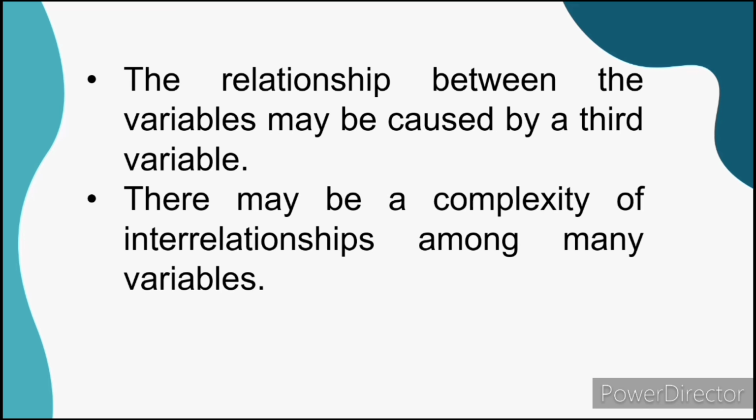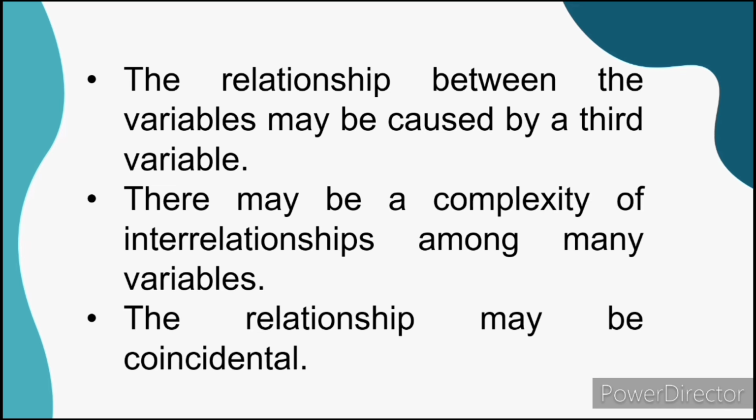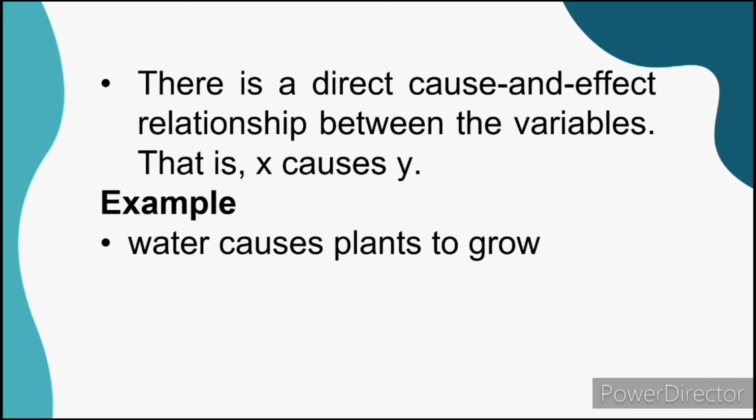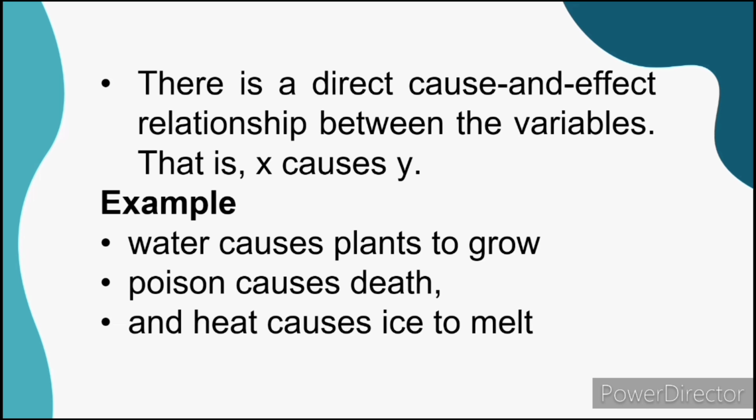Fifth, the relationship may be coincidental. Discuss natin isa-isa. There is a direct cause and effect relationship between the variables, that is, x causes y. Example, water causes plants to grow. Poison causes death, and heat causes ice to melt. The first thing causes the second thing to happen.